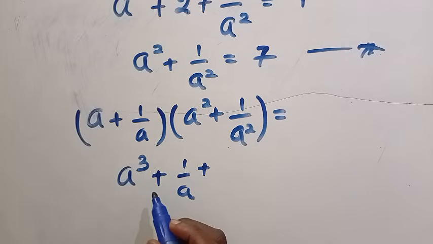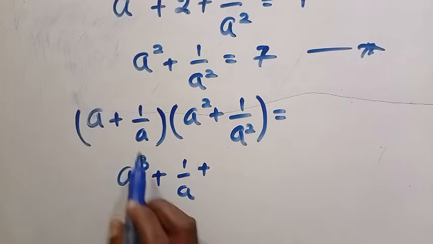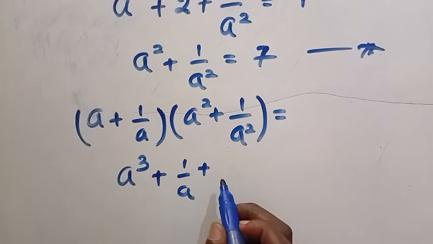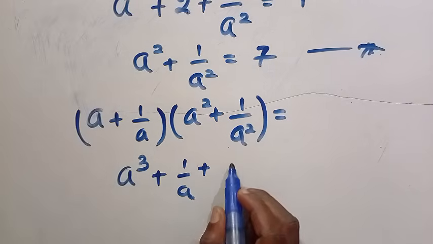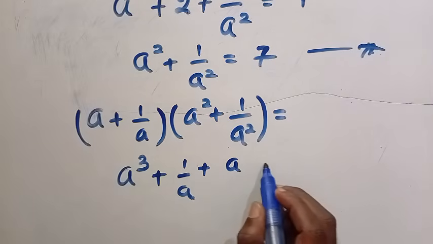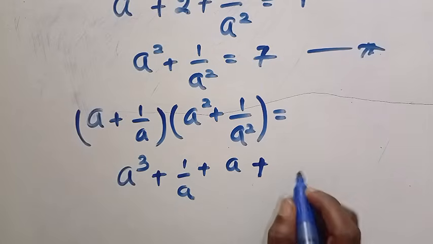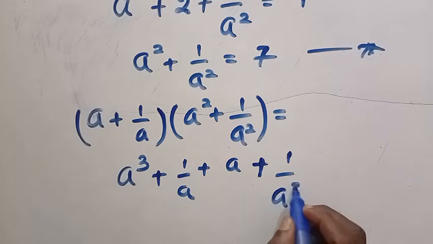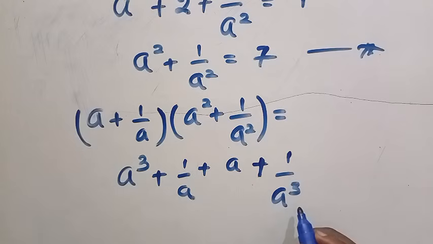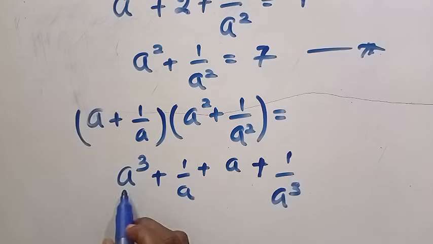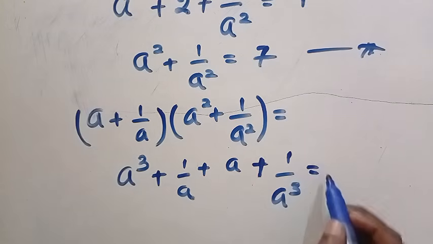So we are going to multiply these two together as well, and this gives us a. Then we have plus 1 over a multiplied by 1 over a squared, which gives us 1 over a cubed. And we need a cubed plus 1 over a cubed.